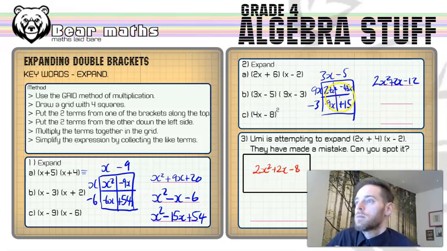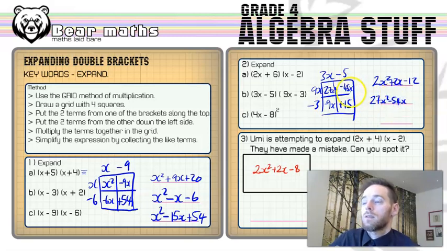Sorry, I was just thinking about this bit. Negative times negative is positive 15, because 3 times 5 makes 15. Then we've got 27x squared, minus 45, take away another 9 gives you minus 54x. So you start at negative 45, take away another 9, and then you've got this plus 15 to put on the end. And that's it.